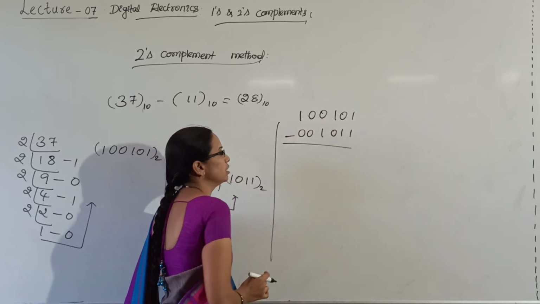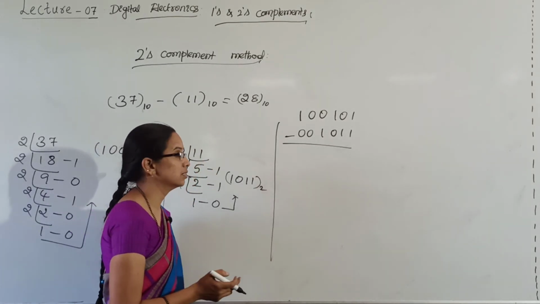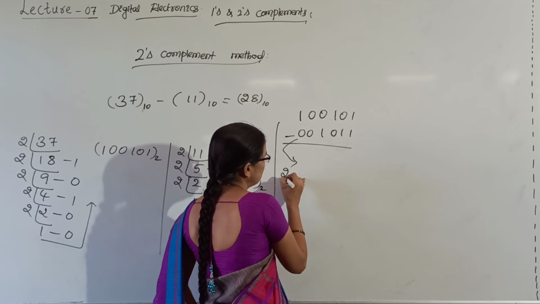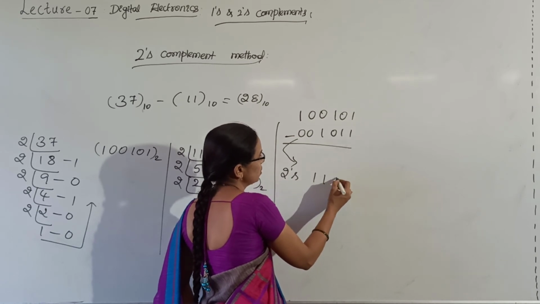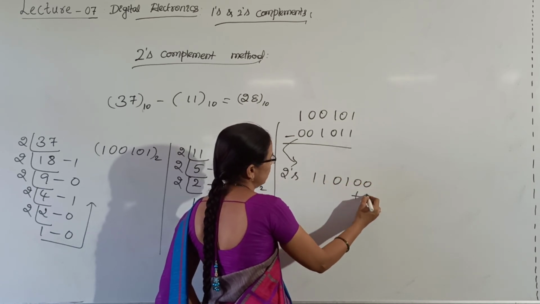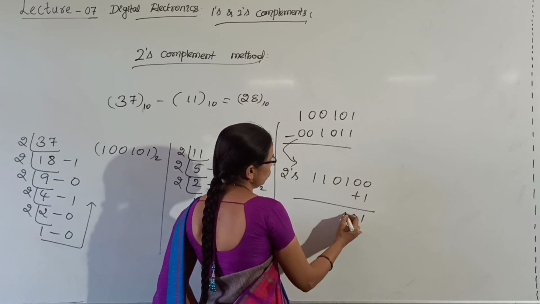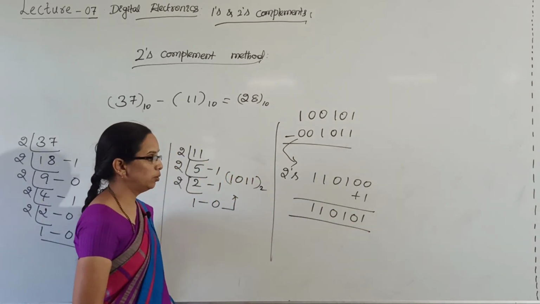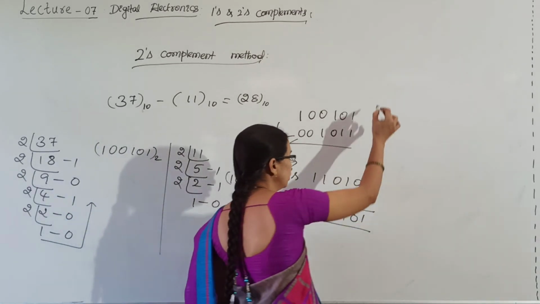For the shortage of digits, we should add zeros in front of the number. Take the 2's complement of the number, that is 110100 plus 1, that is 110101, the 2's complement of the subtrahend I've got.